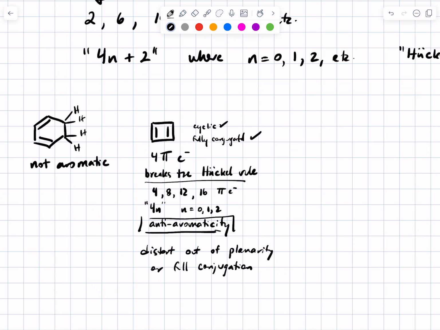You can actually isolate it in a solid matrix of argon atoms at 4 Kelvin, just 4 degrees from absolute zero, and then you can observe it. But at room temperature, of course, you can't. There's evidence that the two pi bonds on cyclobutadiene actually twist a little bit out of conjugation and maybe pull apart a little bit so that the overlap between adjacent p orbitals is not as good. That breaks up the anti-aromaticity and allows it to be still quite unstable, but not as crazy unstable as it used to be.